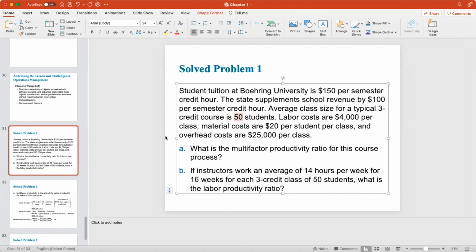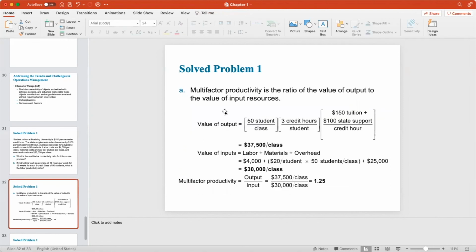So if you look at the solved process, you can clearly see that you use 50 times 3 times the result of 150 plus 100. That will give you the value of output.